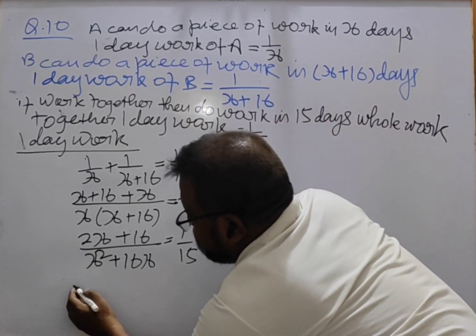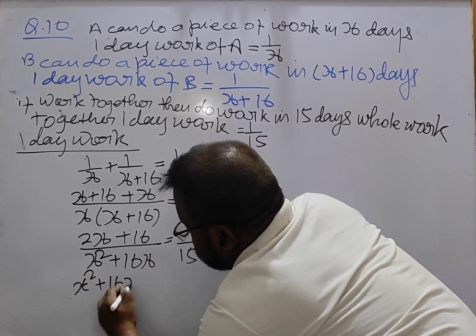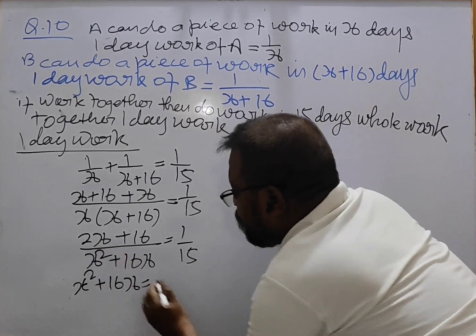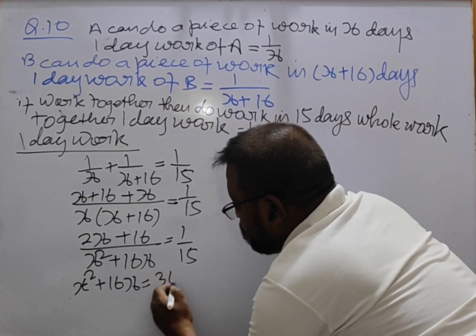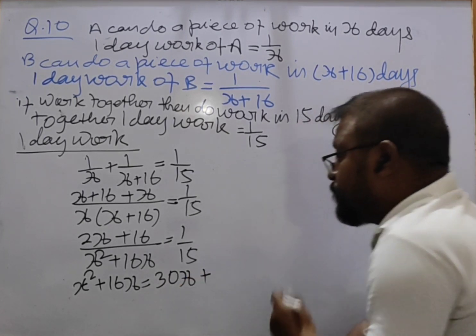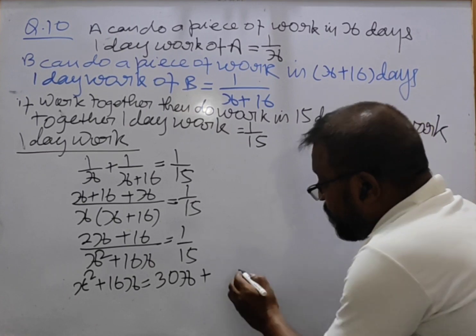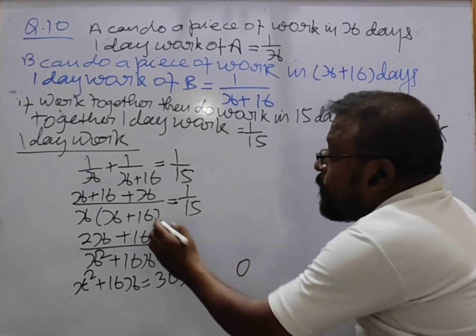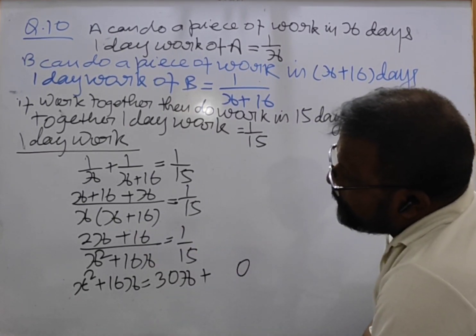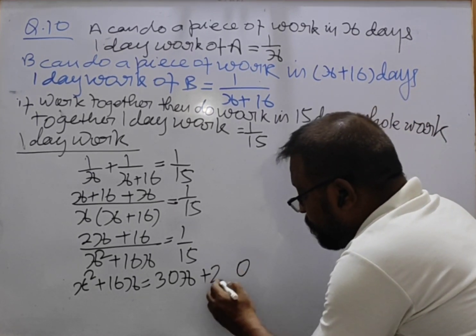So x squared plus 16x is equal to 15 times 2x plus 16, which is 30x plus 15 times 16. 15 times 16 is 240.